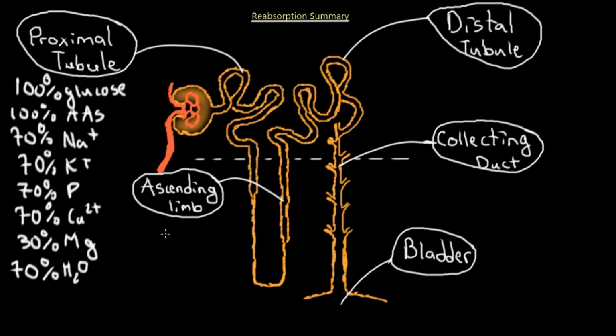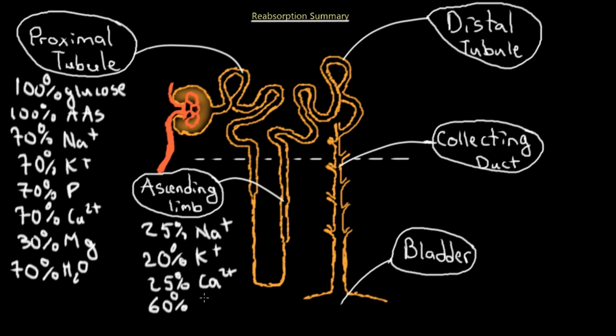Now, if we're heading next to the ascending limb of the loop of Henle, we're going to have 25% of the sodium reabsorption, 20% of potassium reabsorption, 25% of calcium reabsorption, and 60% of magnesium reabsorption. Next, going to the distal convoluted tubule.